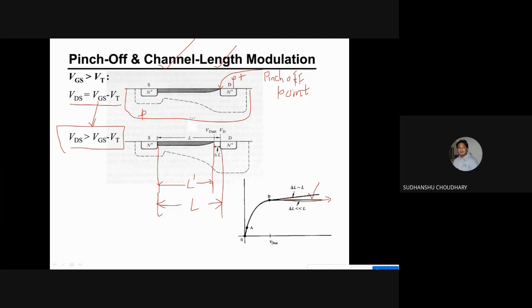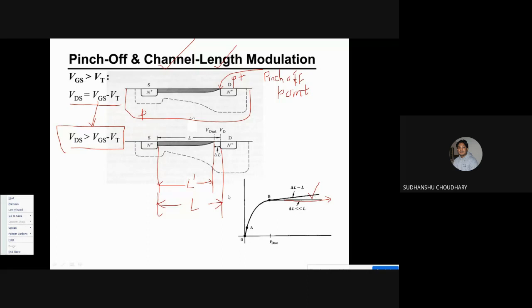So this current is seen to increase because of the channel length modulation. Channel length modulation means the channel is modulated or modified, and now the channel length becomes short in comparison to the channel length which was earlier. So because of this short channel length, the current increases.